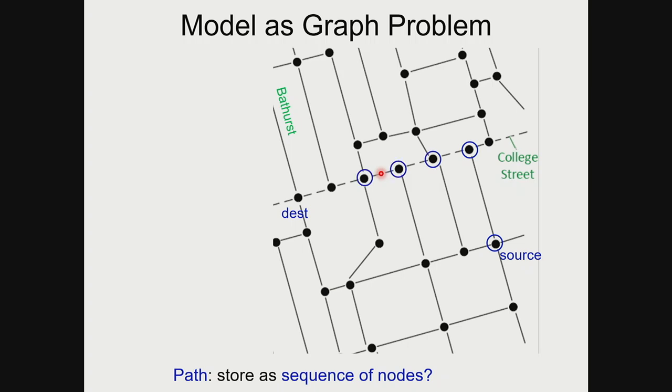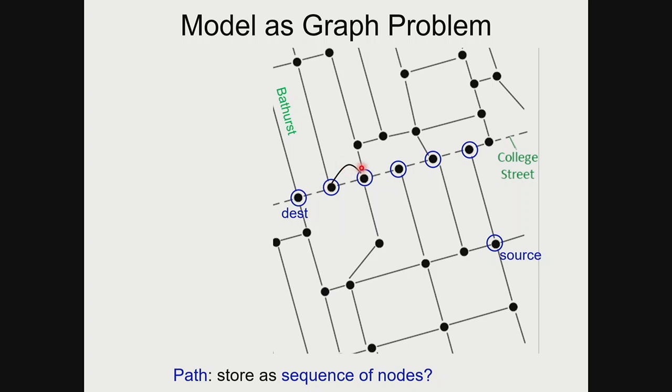But there is only one tiny problem in this. Imagine there is a back lane here, so there are two edges connecting the same two nodes. If you're relying on the intersections themselves, you won't be able to figure out which street segment you're going to travel on when you come here. Maybe this one is shorter than this one, but because we don't have any idea how to travel from this, we're just going to randomly choose this, right?